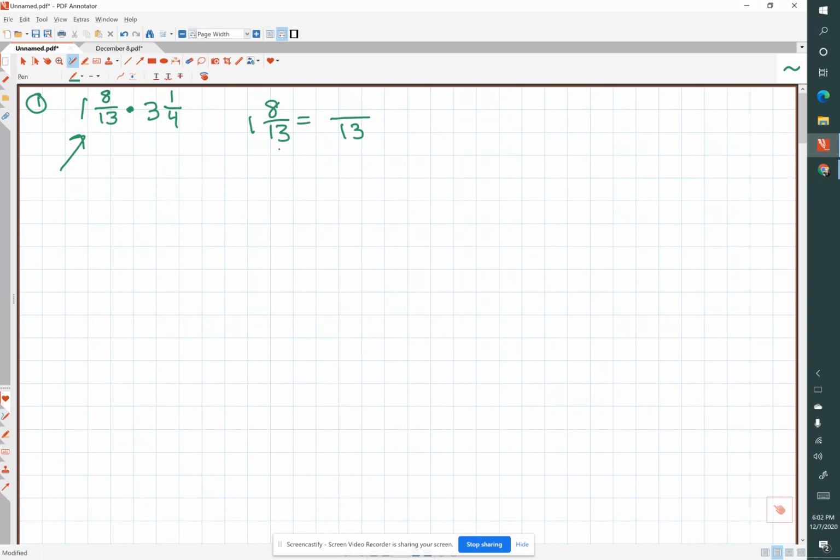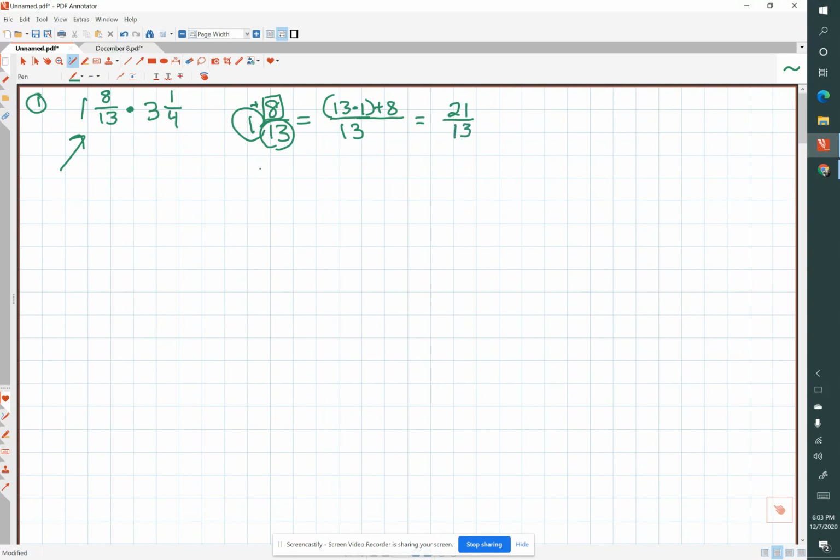But we multiply 13 times 1 and we add the 8. So I can represent it like this: 13 times 1 plus 8. So 13 times 1 is 13, and 13 plus 8 is 21. So that's 21 over 13.